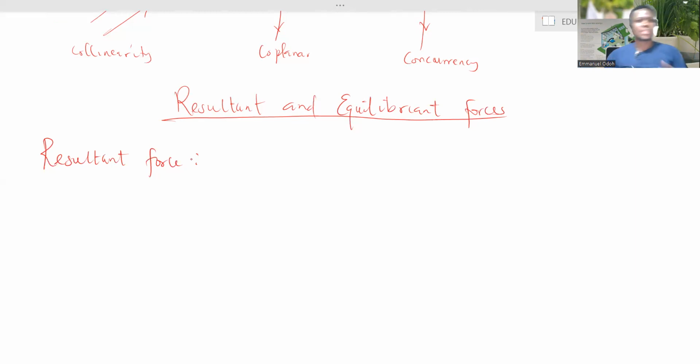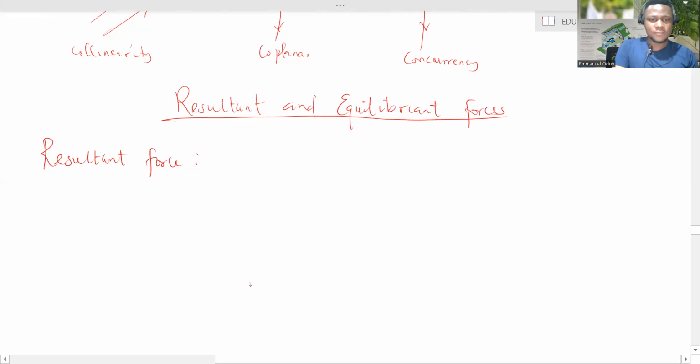It means that the resultant force is that force that will give us the same effects as several forces combined together.